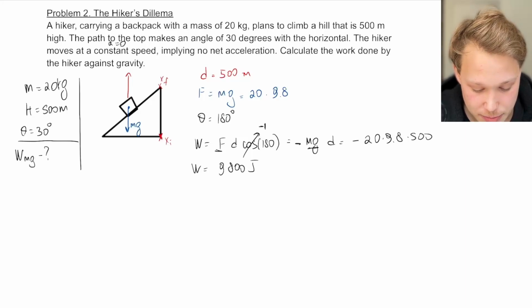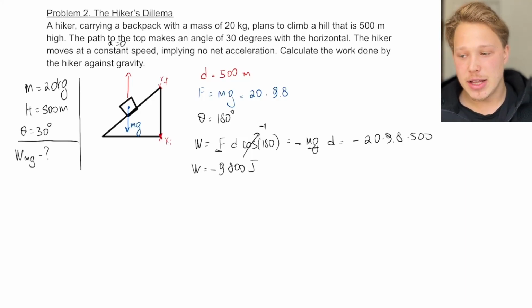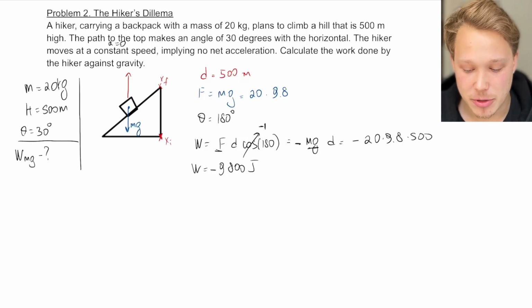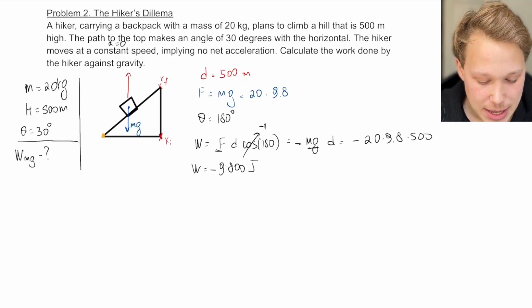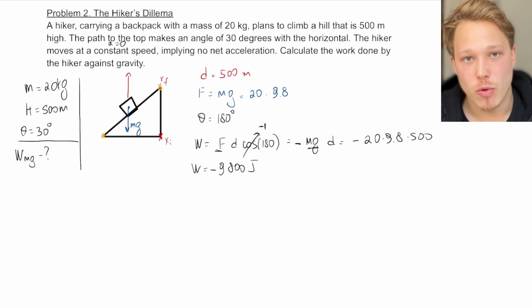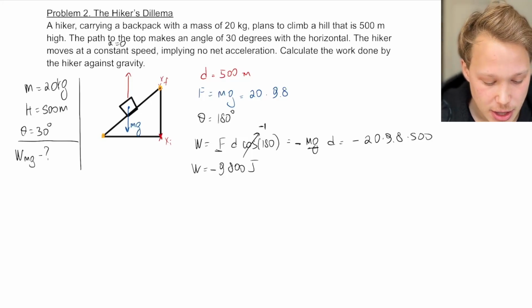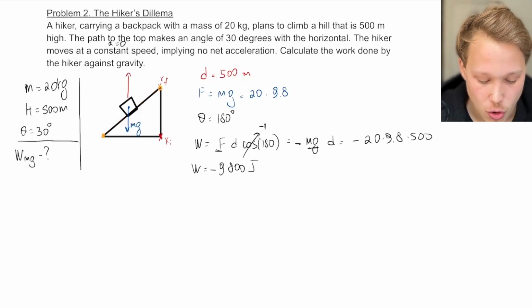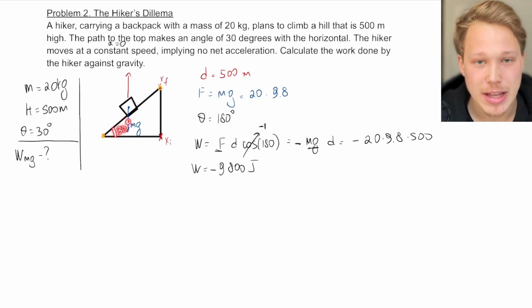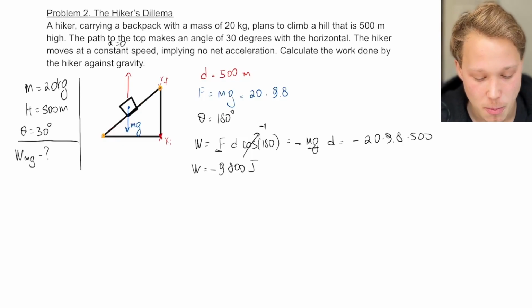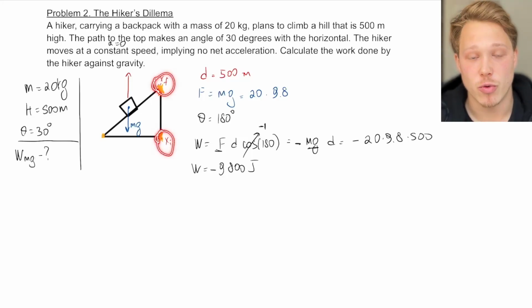9,800 joules. Now, why did I include this problem? What does this problem demonstrate? What it demonstrates is that what matters when we're talking about the work is the displacement. It doesn't matter what path the hiker took, or that the path was 30 degrees. The only thing that actually matters is what was his final displacement. So his initial height and final height, where he ended up.